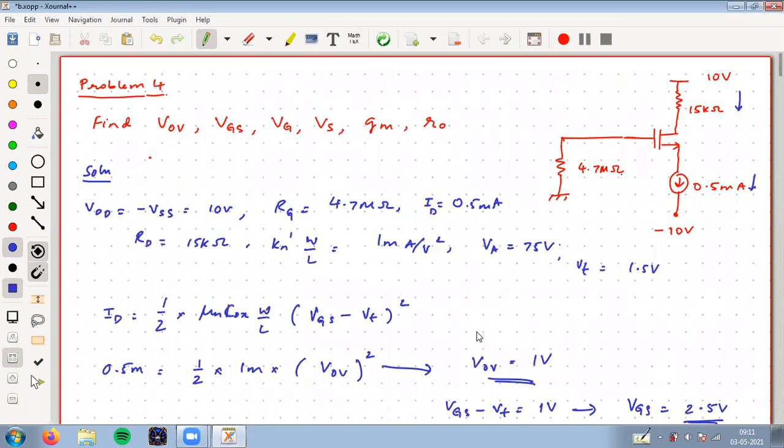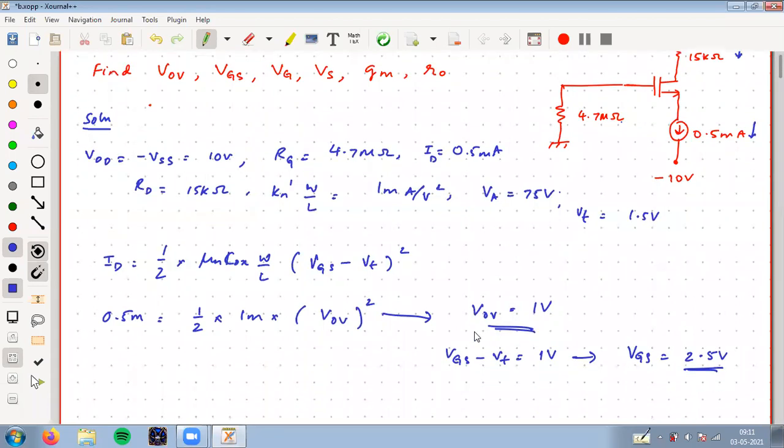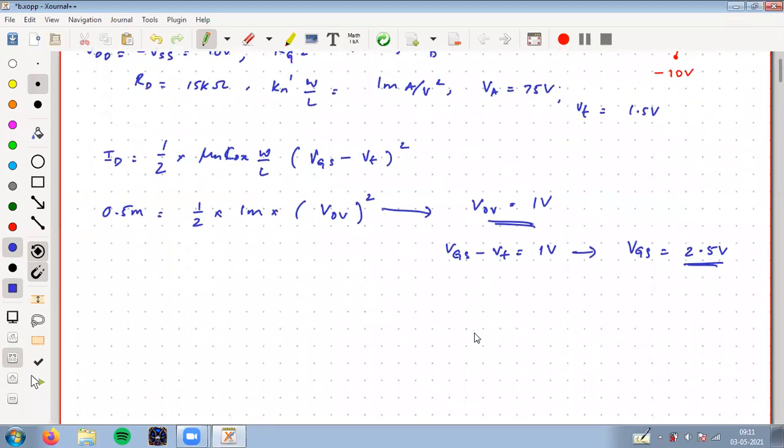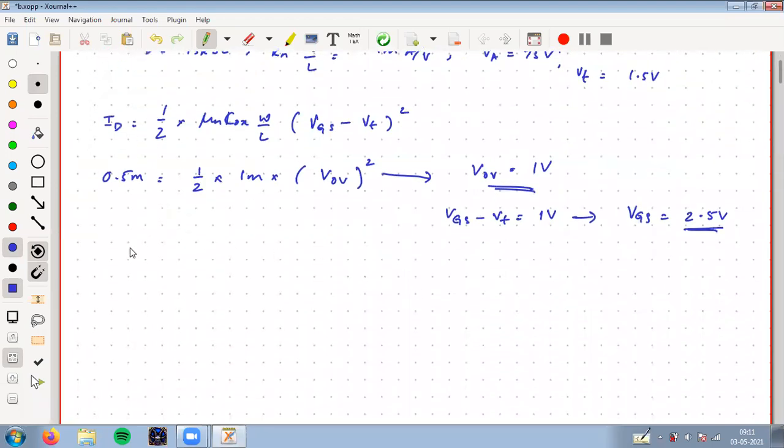It is also asked what is VG and what is VS. Right. VG is connected to ground, so VG is 0.